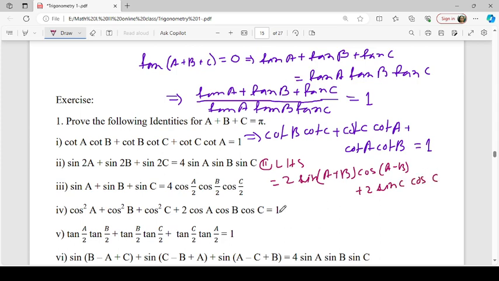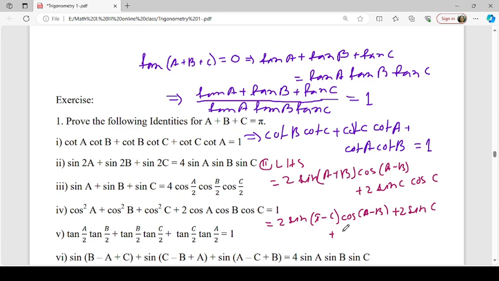Then sin of a plus b we write as 2 sin of pi minus c, then cos of a minus b, then plus 2 sin c cos c, and cos c we write as cos of pi minus a plus b.